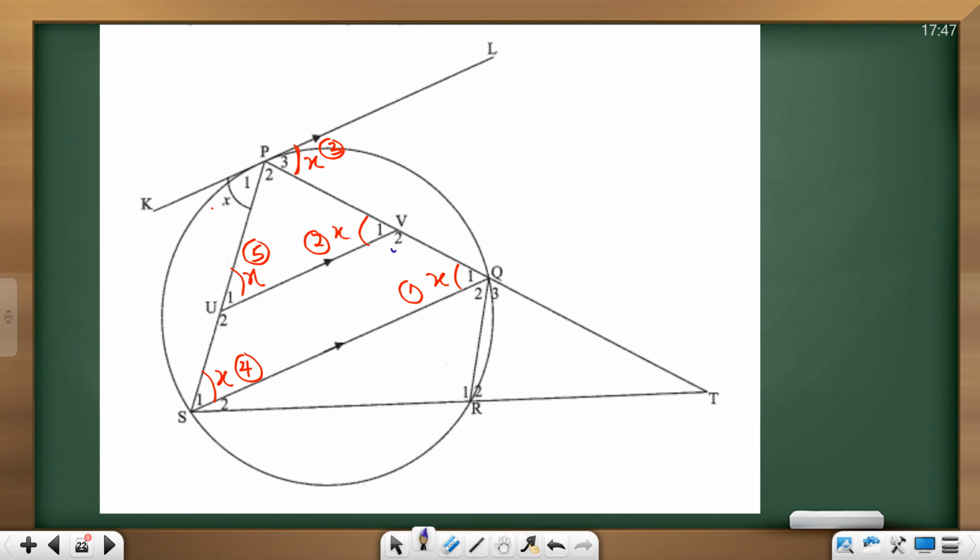Let me just mark it. You said V2 is equal to what? Q1. No, they cannot be. That's co-interior. V2 is 180 minus x. That's not corresponding angles. Okay? Corresponding must be here. That's your F on top there. But co-interior angles are not equal. They are supplementary. All right. You're welcome, Mary.